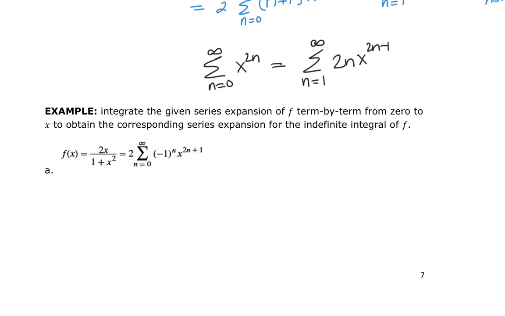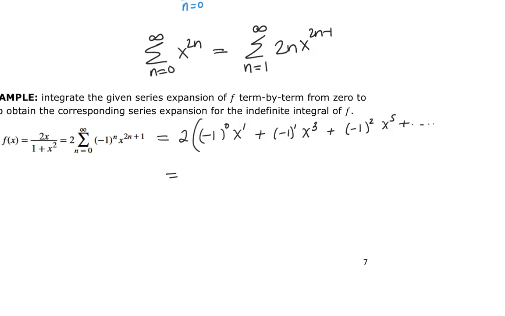Okay, now the same thing with the integration, right? So if I were to go ahead and expand this out, because I have nothing better to do with my life, I'd write this as 2 times, I'd have negative 1 to the 0, x to the 1. My second term would be plus negative 1 to the 1, x to the 3. Yeah, because I have 2 times 1 plus 1. My next one would have been negative 1 to the 2, x to the 5, plus dot, dot, dot.